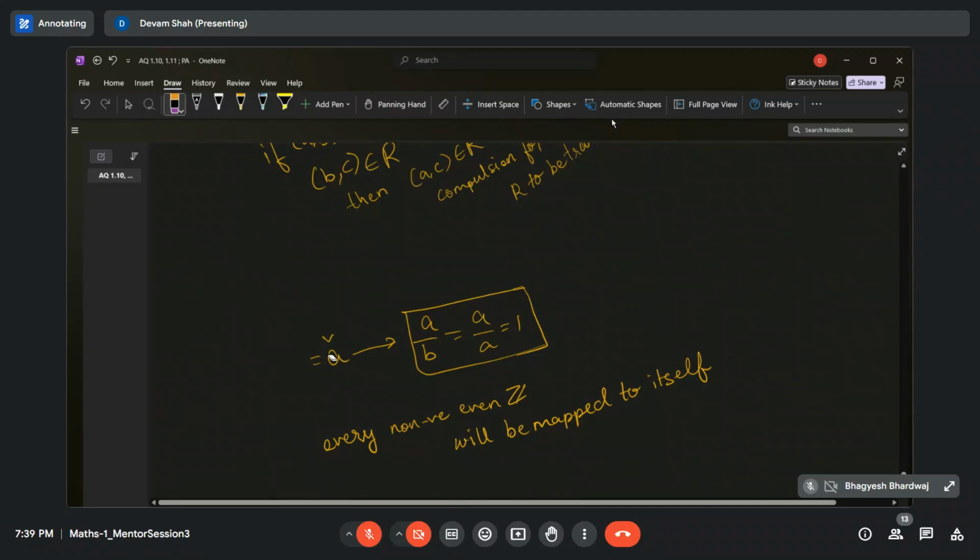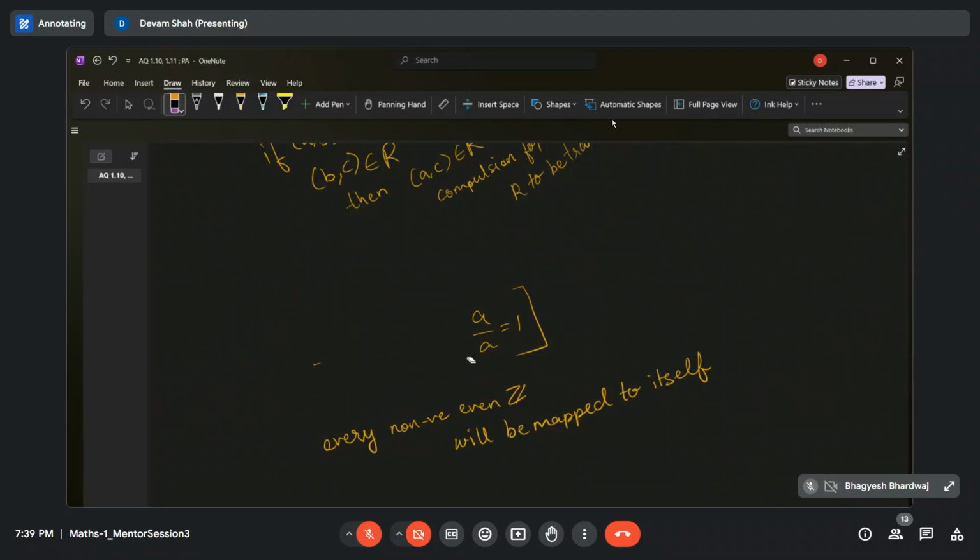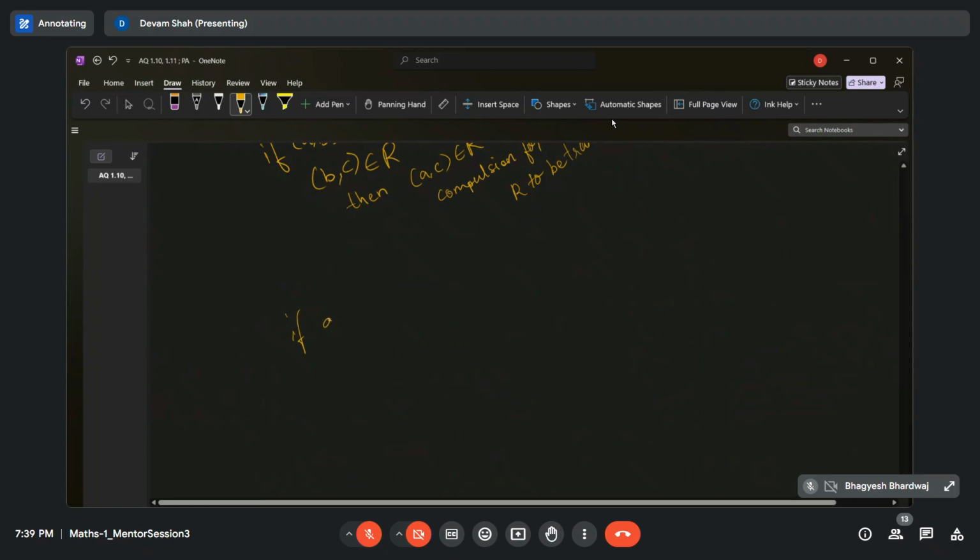Now taking symmetric relation, what we have to check is if A comma B is there, then B comma A should be in R, right? Now, for example, let's take A equals 4, B equals 2.